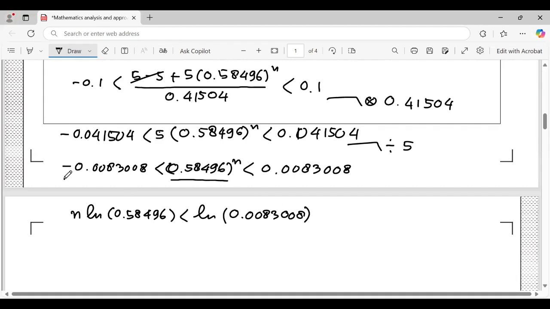I have checked log of this number; there is no solution for log of this number. So I am using ln of this number.